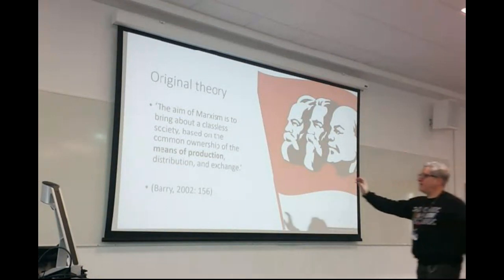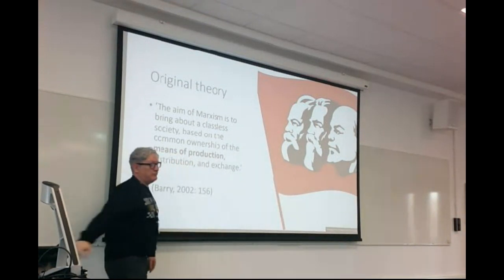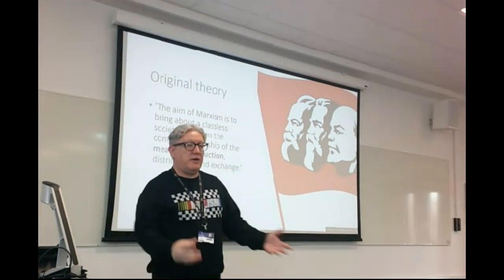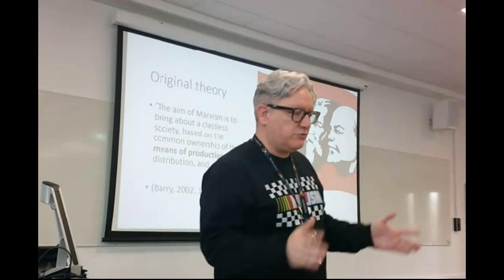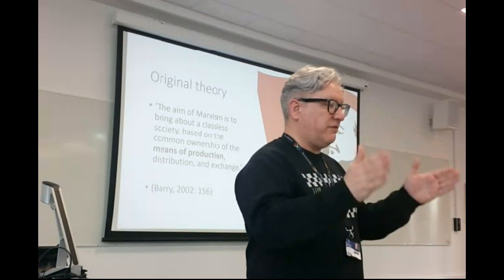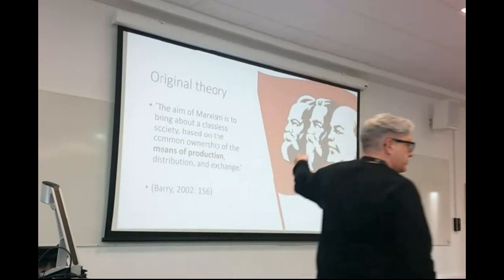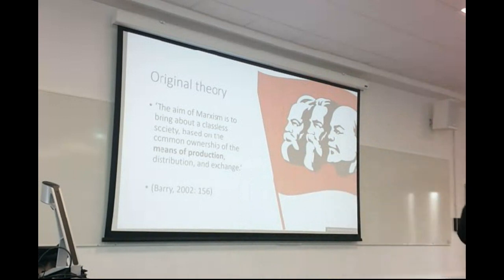Therefore, what is important here for us as media scholars is this idea of means of production. By means of production, what Marx is referring to is who owns the stuff that produces other stuff. Now, in the time he was doing his analysis, he's talking really about factories. Who owns the factories?